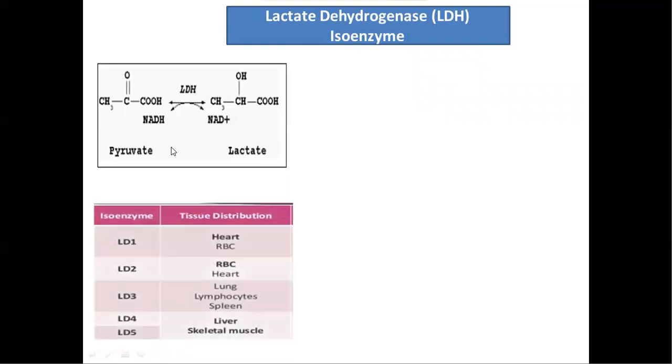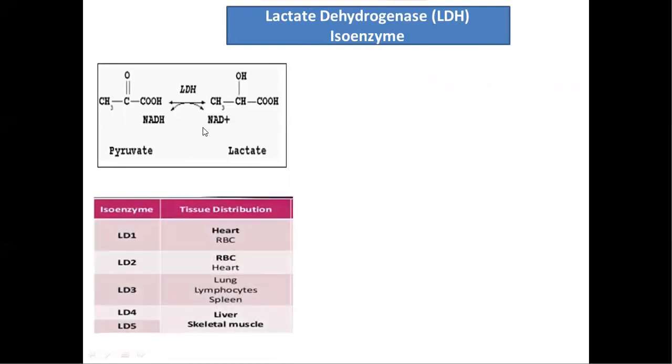So lactate dehydrogenase isoenzyme is present in the forms of LD1, 2, 3, 4, and 5 in different tissues. LD1 is predominant in heart, LD2 is predominant in RBC, LD3 is in lungs, and LD4 and 5 are present in liver and skeletal muscle.